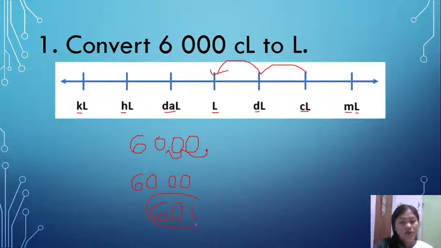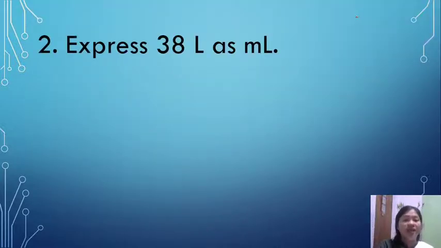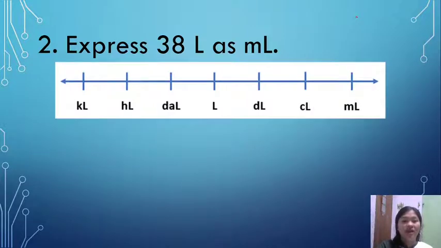Okay, that's how you convert capacity. It is just like length. It is that easy. Okay? And then the next one, you have express 38 liters as milliliters. You may pause the video and try to answer. So 38 liters going to milliliters.